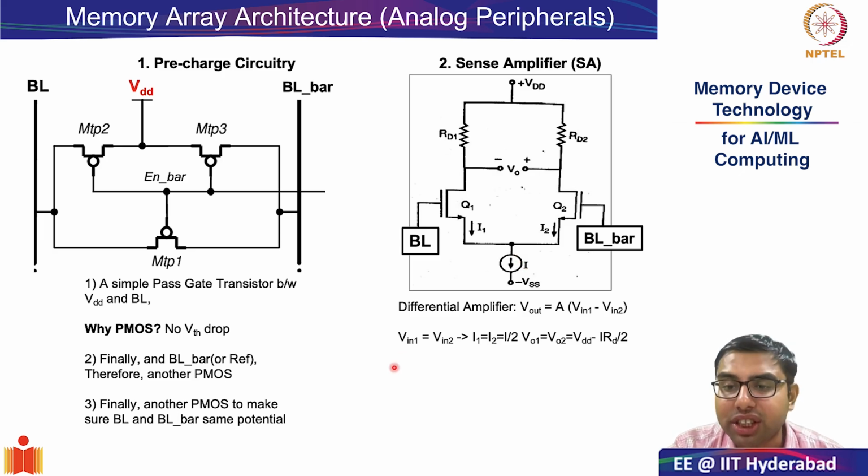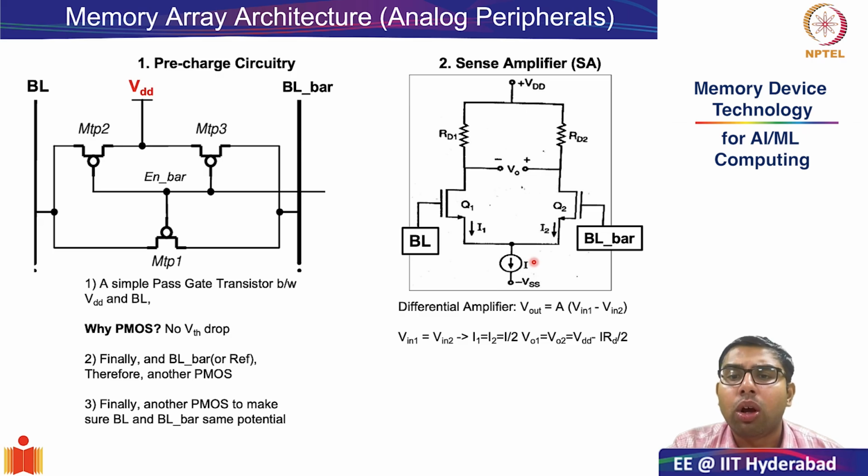In ideal conditions, where Vin1 and Vin2 are identical, RD1 and RD2 are also identical, and Q1 and Q2 are absolutely identical transistors, you would expect that I1 should be equal to I2, which will be nothing but half of I. Also, VO1 and VO2 will be nothing but VDD minus I into RD by 2, where I is the total current.